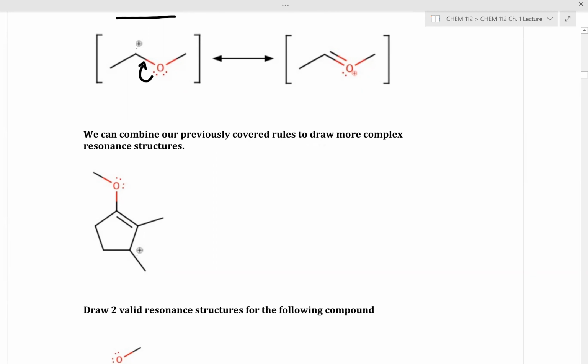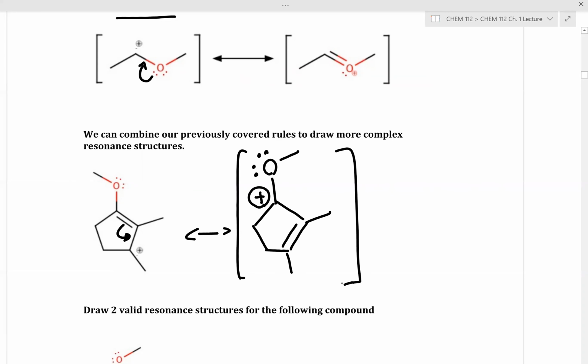So I'm going to take this double bond, push it down to form a new double bond and a new cation. So we can generate our first resonance structure, which looks a little bit like this. Okay, so we have our first resonance structure drawn.